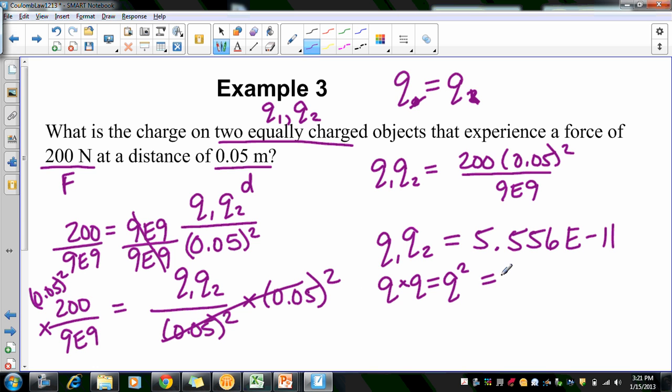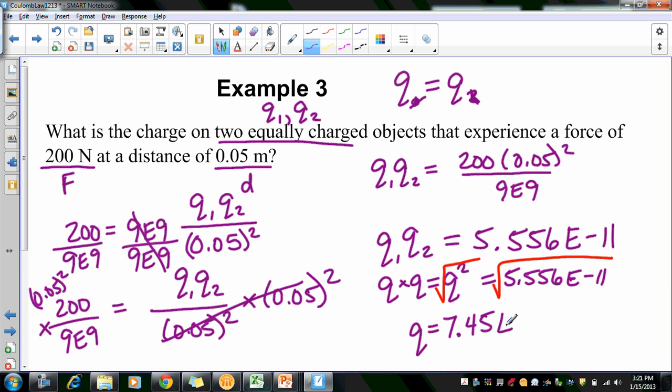So Q squared equals 5.556 E negative 11. Now can you solve for Q? To find Q, square root both sides. And so you get a final Q of 7.45 E negative 6, and charge is measured in coulombs. So Q1 and Q2 will both have this exact same charge.